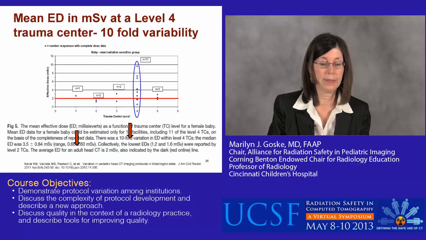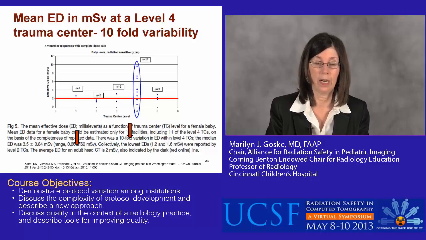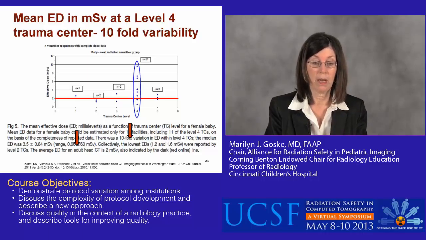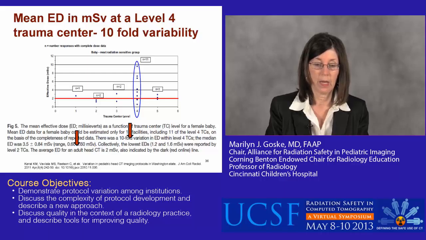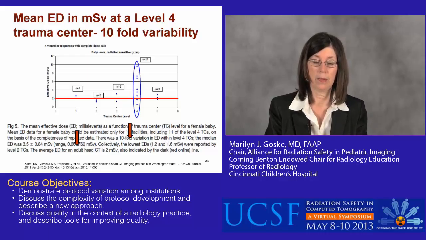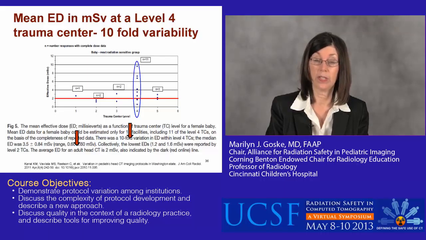On this next slide, what she did is she sent out surveys and looked at 5 different trauma center levels. And what she found was that at the level 4 trauma centers, the lower acutely ill centers, that there was wide variation, as you can see on this graph, circled by the blue circle.